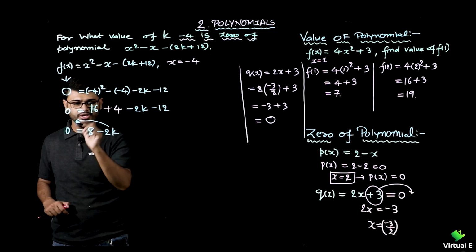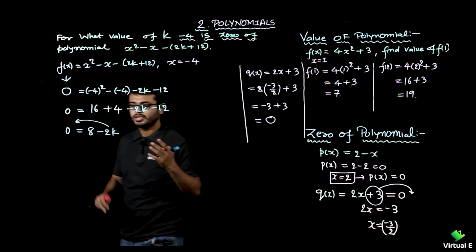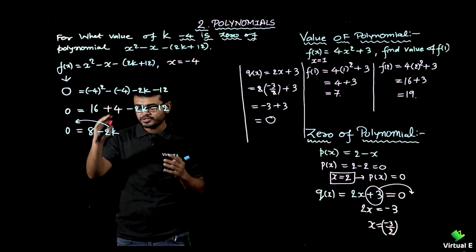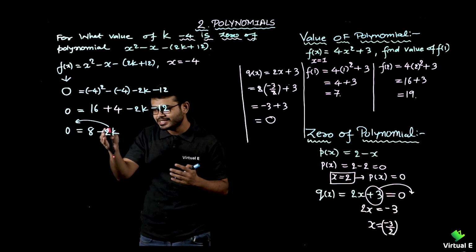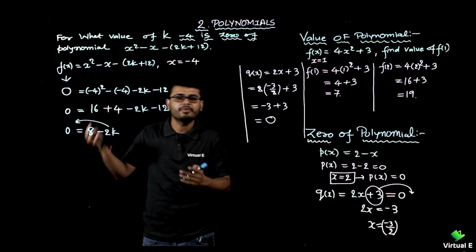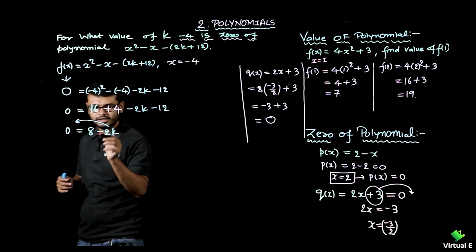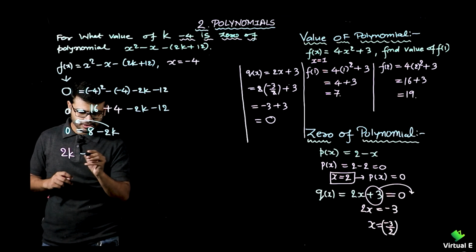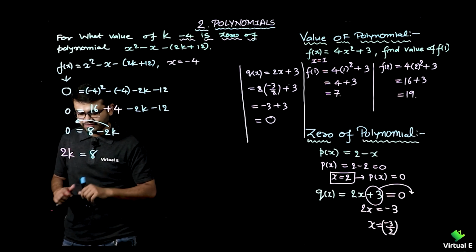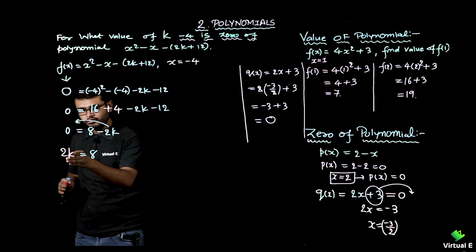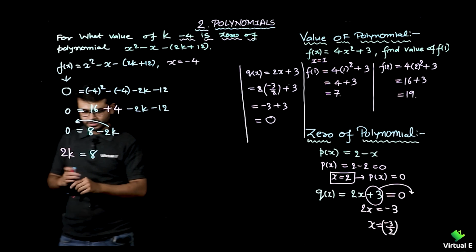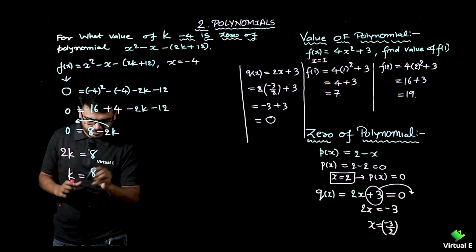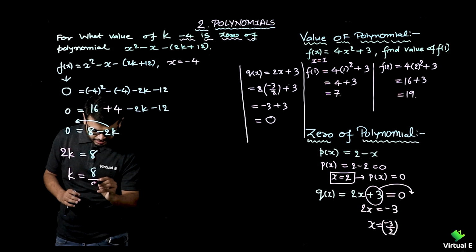Let me shift this 2k over here, so the sign will be changed. You can also shift 8 there, it's all fine. The purpose of shifting 2k over here is that it is negative, so if I shift it, it will become positive. So 2k = 8. Now I want the value of k. Let me take the coefficient of k into the denominator. So k = 8/2.